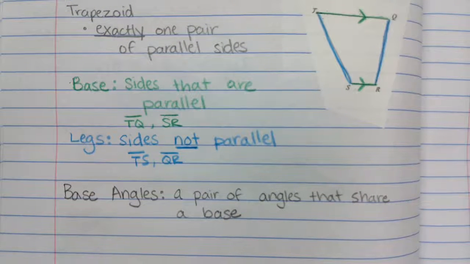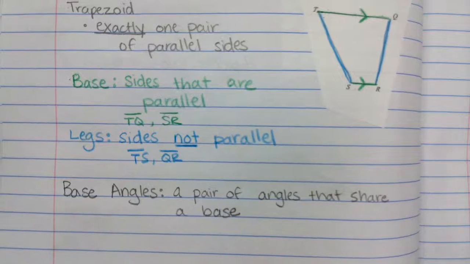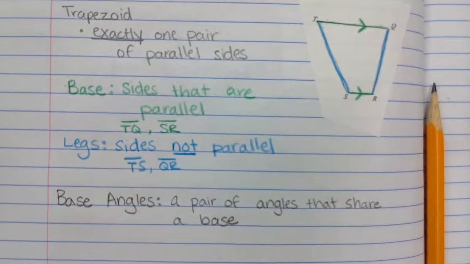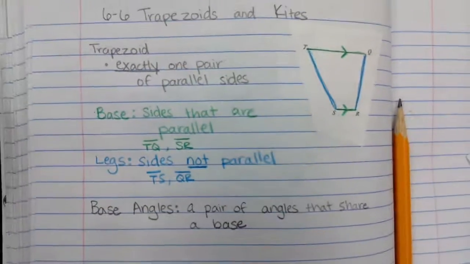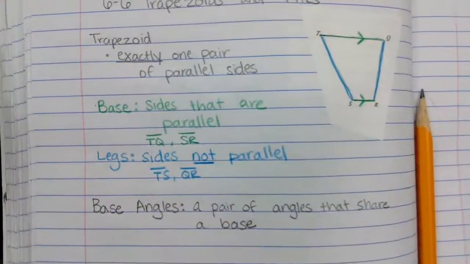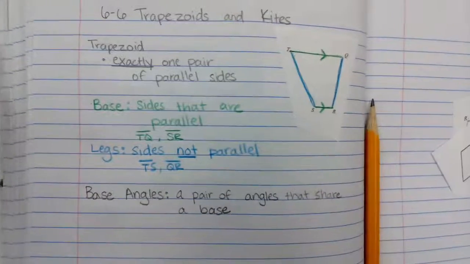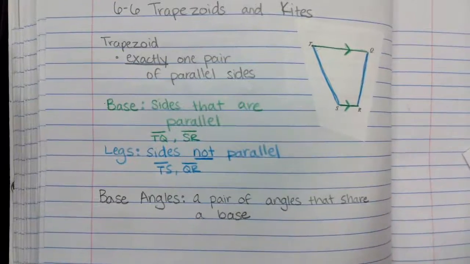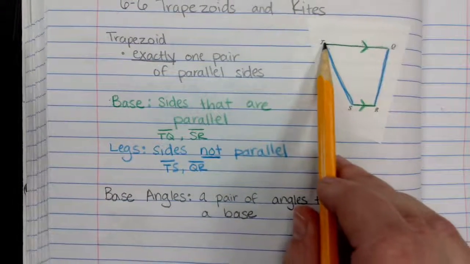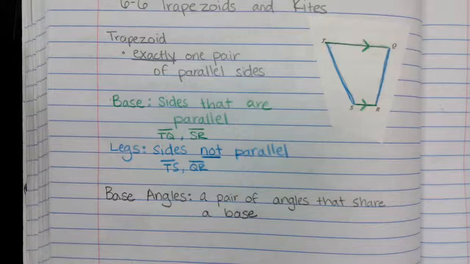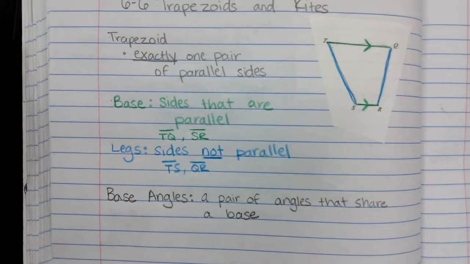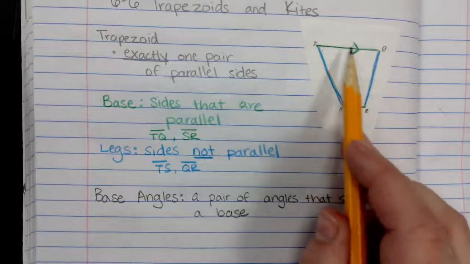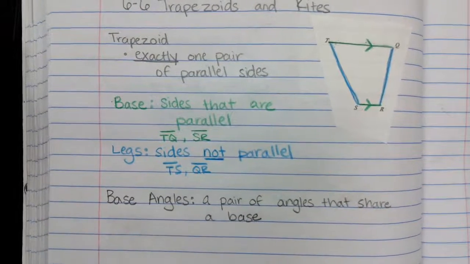So for a base angle, what we're going to do is pick one of the bases, which is one of the sides that's parallel. So in our drawing, what's one of the bases we have? TQ. Which pair of angles include TQ as part of the angle? Or what angles are in that TQ segment?